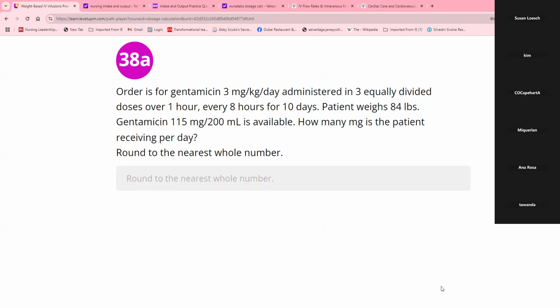Now, who was asking me about that one question? You see how this order's written? 3 milligrams per kilogram a day. And it's asking you how many milligrams the patient is receiving per day. So you're going to answer that differently. It's really key that you understand what the question is asking you. All right, let's do another weight-based one just to make sure you're good with it.